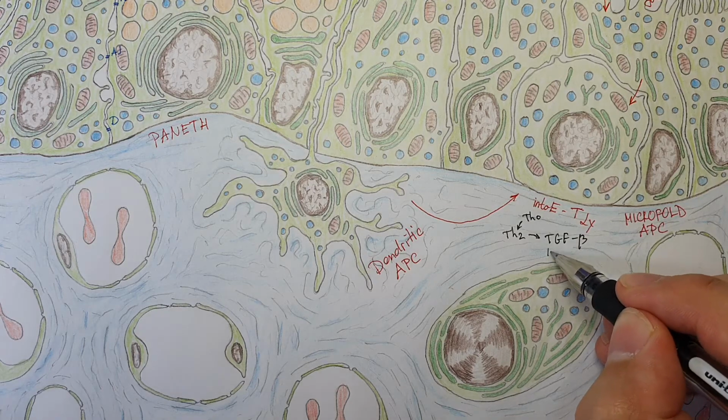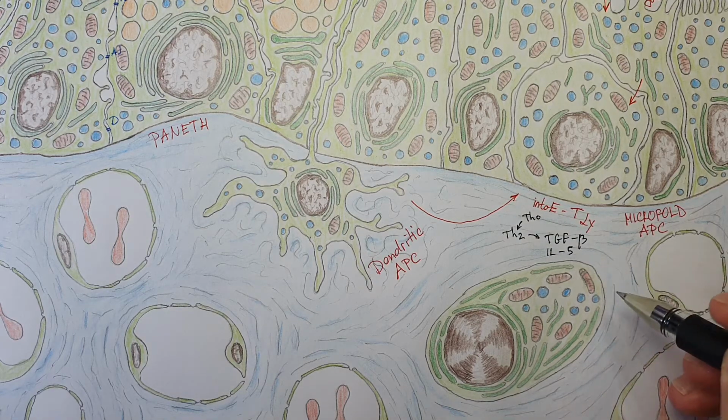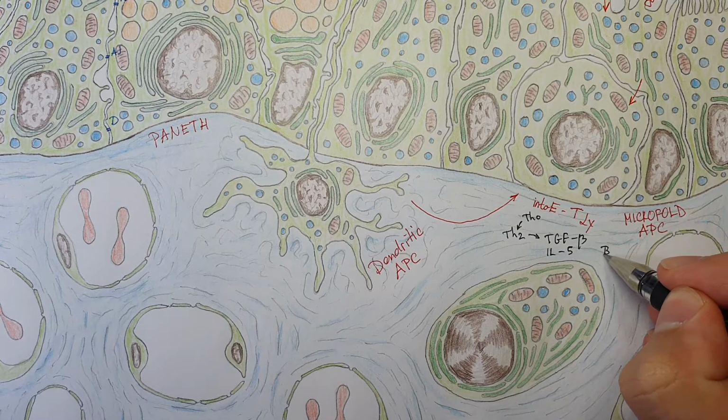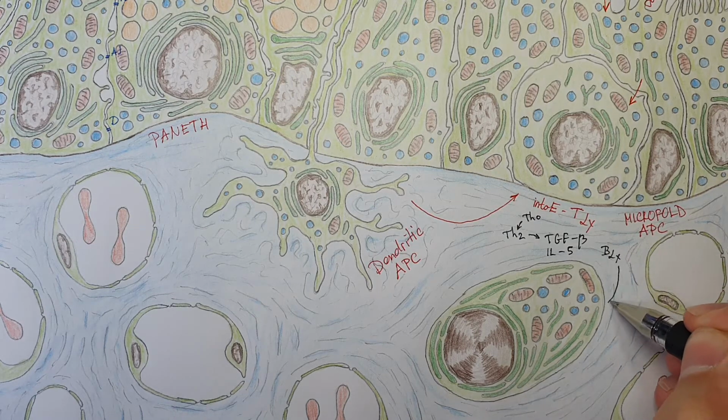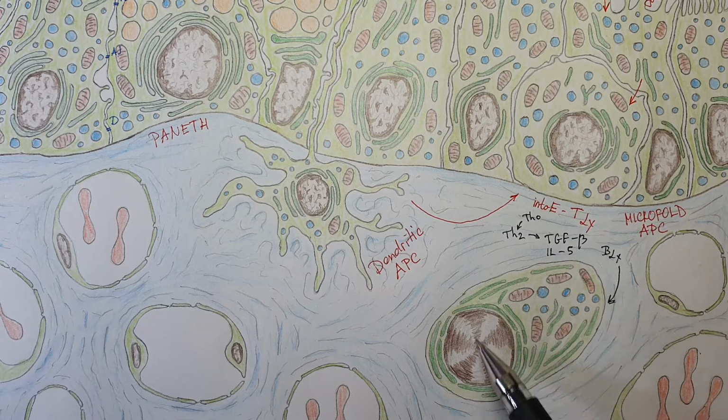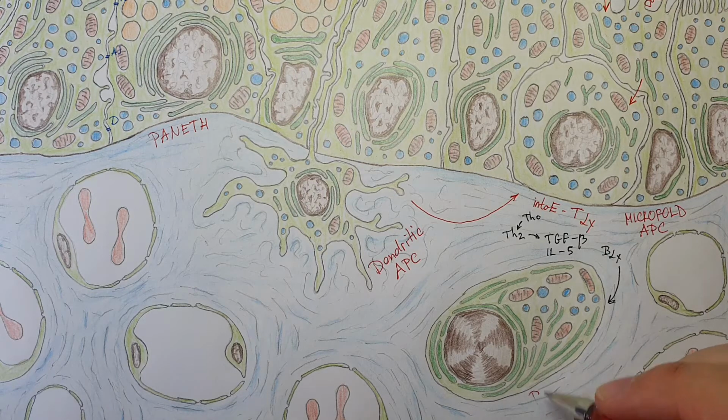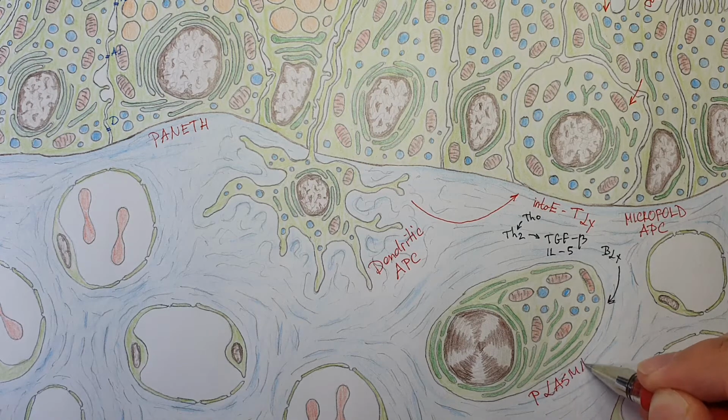And then also with interleukin 5, B lymphocytes transform into this cell, which is called a plasma cell. The plasma cells are cells that produce and secrete antibodies.